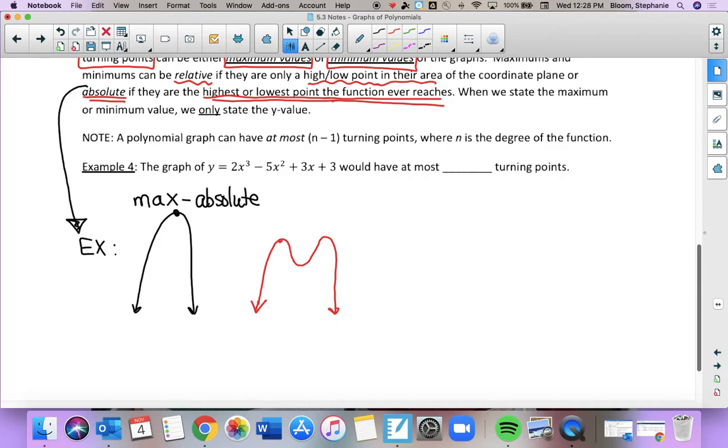So I would have one here, and one here. Okay? What would this point be called? A max or a min? This would be a max. Well, hold on a second. What would this one be called? A max or a min? What is it? A min, because it's lower. And what would this one up here be called? A max.